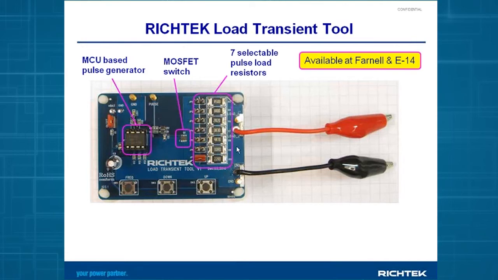It has 7 selectable pulse load resistors, so you can choose with a jumper which resistor you want to use in order to set a certain pulse load amplitude. You have connections for the static load connector, and we apply also in this tool an adjustable static load resistor. And here are the alligator clips for connecting it to your application.